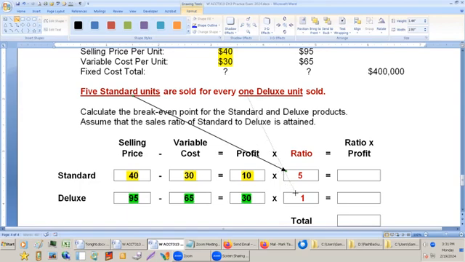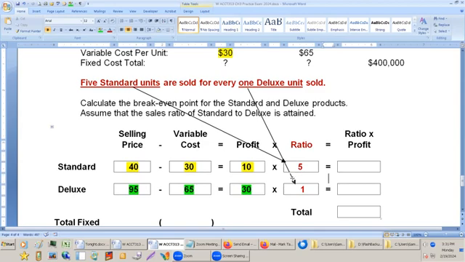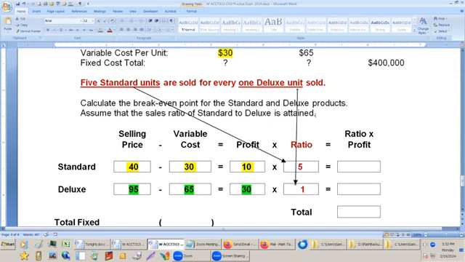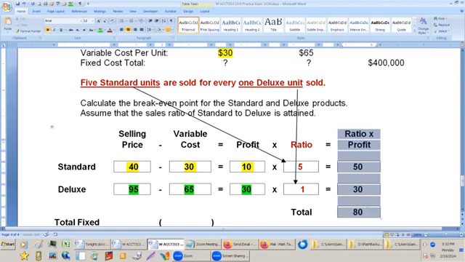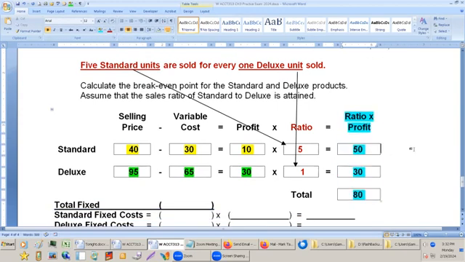And you have to be given the ratio somehow. I think on the test, I just give it to you this way. Okay, so the profit, and again, the profit is the same thing as contribution margin if you look in your book. So this is going to be our ratio.